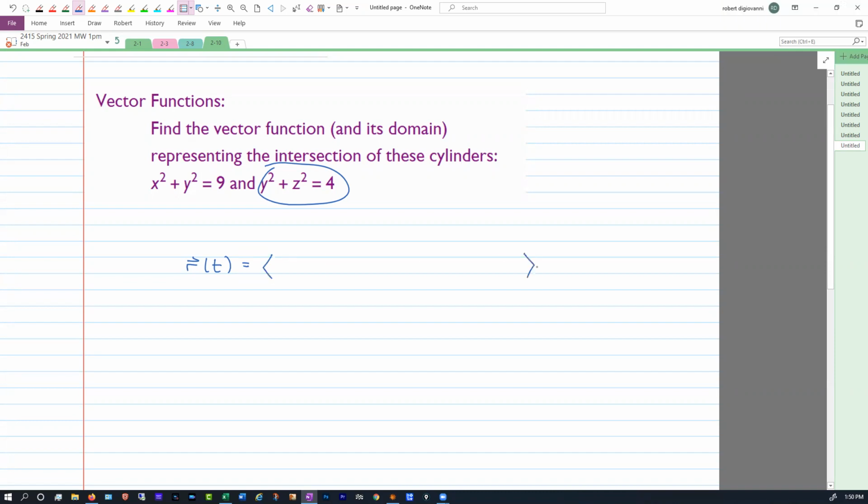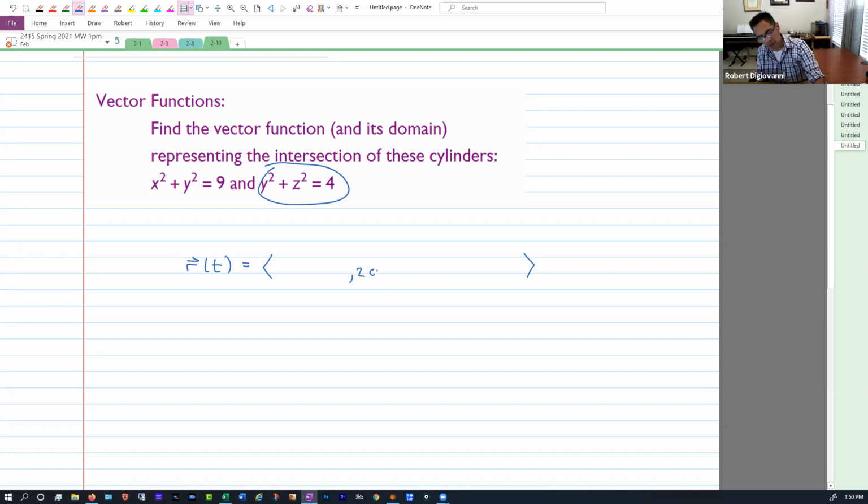Oh, I'm sorry, in the YZ plane. So I need the y component to be 2 cosine t. I need the z component to be 2 sine t. Do y'all see that that's going to draw me a circle of radius 2 in the YZ plane, right? What I don't know is what x should be.